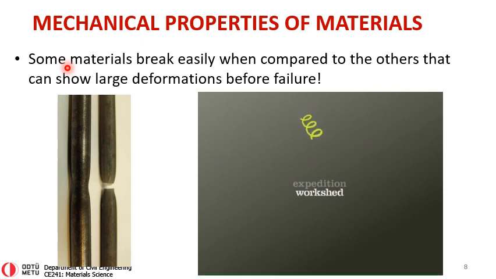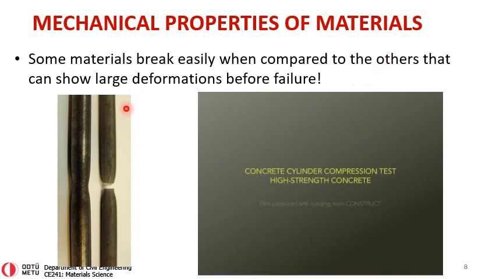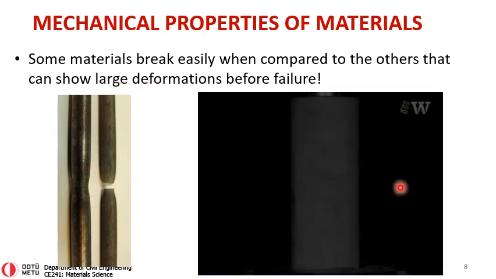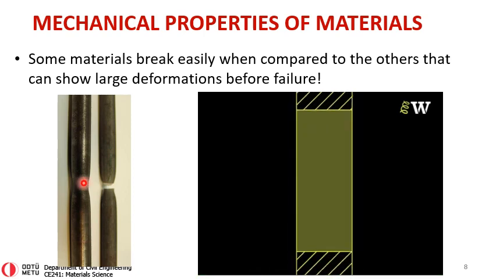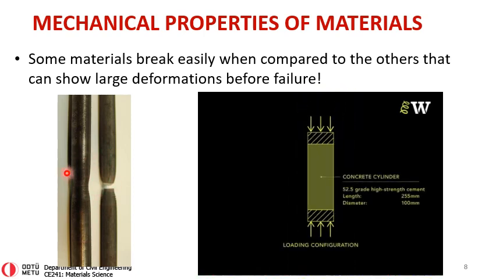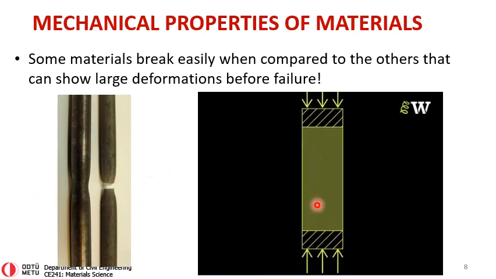And some materials break easily when compared to the others that can show large deformations before failure. Like on the left you see steel and on the right you see concrete. Whenever you pull steel uniaxially in a tensile force, the steel will deform, and we call this steel therefore a ductile material.